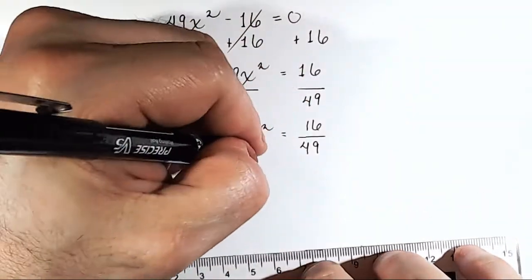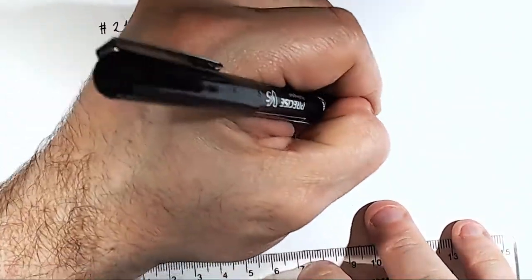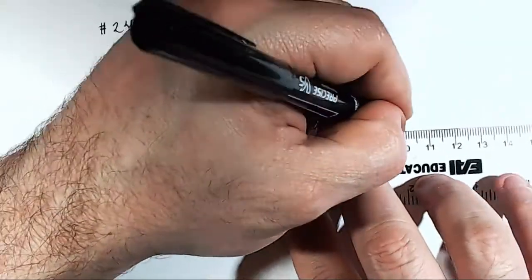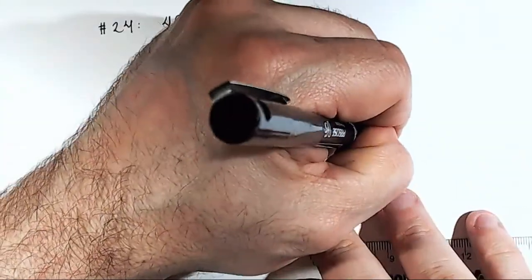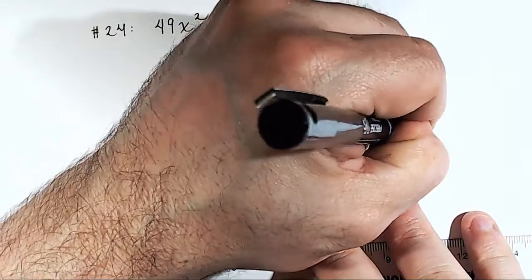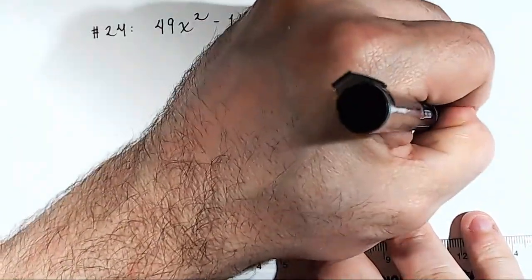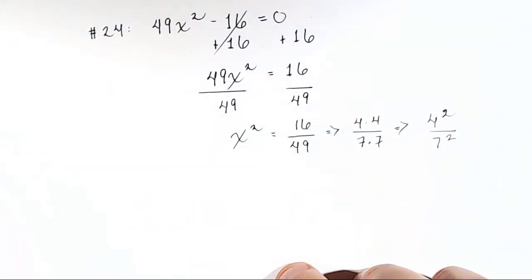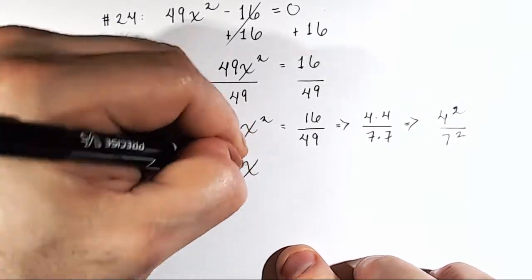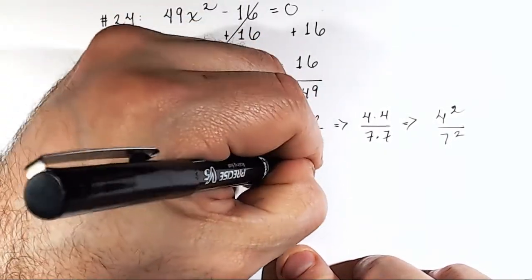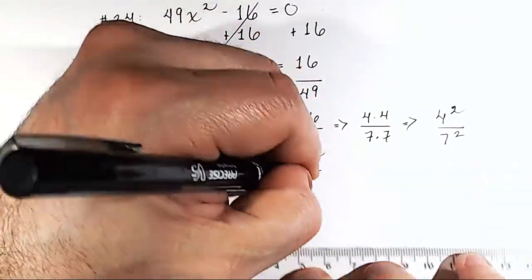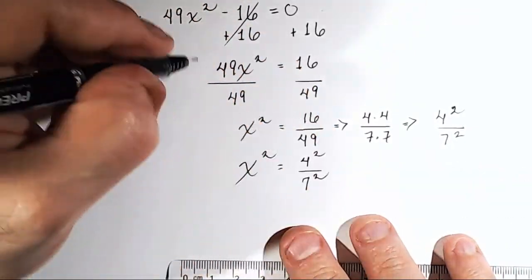And remember, that can be rewritten as 4 times 4 over 7 times 7, which can further be rewritten as 4 squared over 7 squared. So now x squared equals 4 squared over 7 squared.